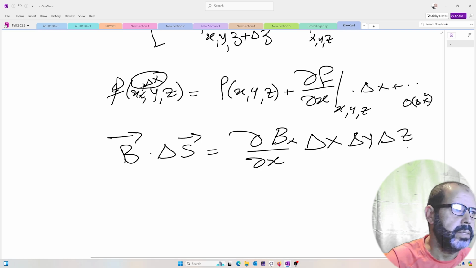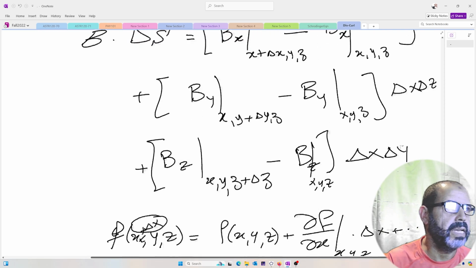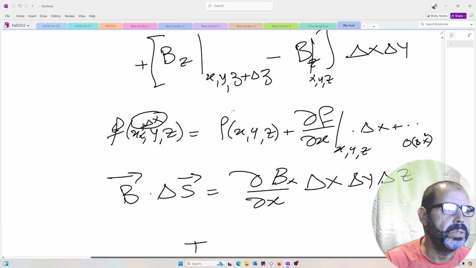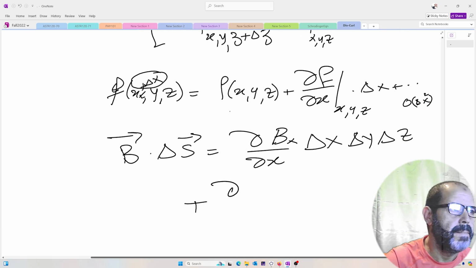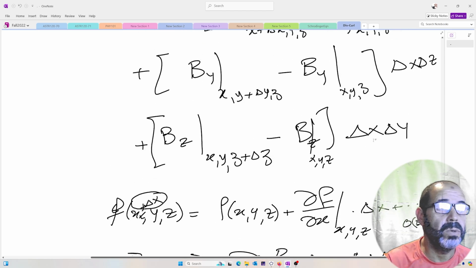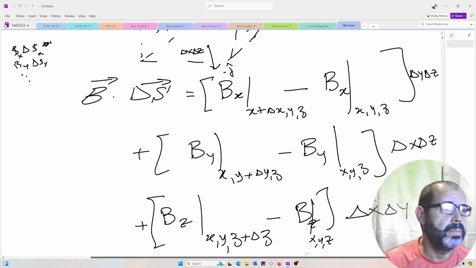Okay, plus the second term is with respect to y, but it's the y component. So it's the derivative of by with respect to y times a delta y that I need to pick from this difference, but I already have delta x delta z. I'm sorry, I'm looking at this term. So I'm going to pick up a delta y in here, but I already have delta x delta z.